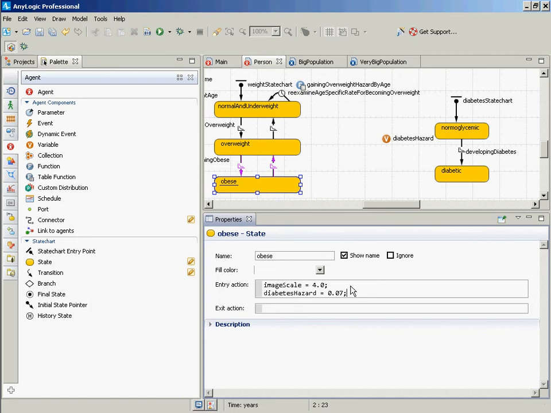But yes, this is the hazard rate, 0.07. So for each of these, we're going to be setting the diabetes hazard, which is going to communicate with that. Does that make sense? This will have different rates of transition depending on what state we're in. Does that make sense?